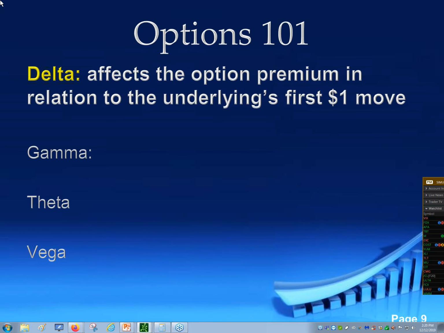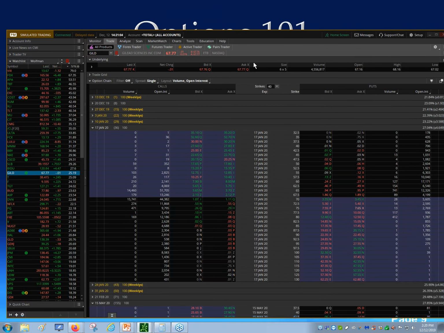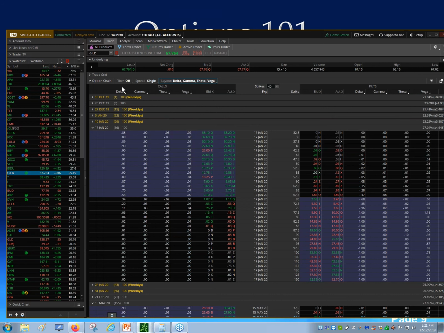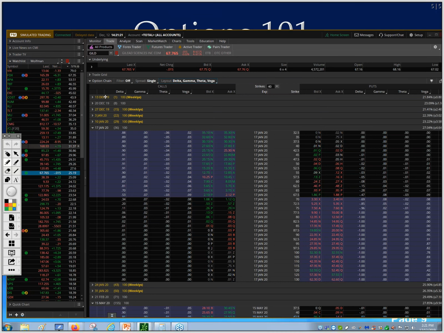So the easiest way to do that is pull up a platform here. Let's delete that trade there and take a look at the options montage. We're going to go over to all of the Greeks here. So we've got delta, gamma, theta, and vega, and I'm going to go over all these really quickly. But what this basically is telling us is that the first dollar move is what we're interested in. So we are looking at XYZ stock, and in this case, it's Gilead Sciences.